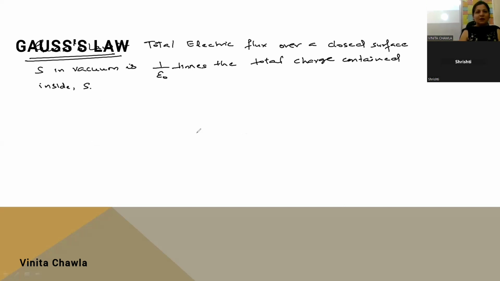So this electric flux we can write as phi E. E means electric and this phi represents flux. So electric flux is 1 upon epsilon naught times the charge contained inside S, charge enclosed. So this is Gauss law.